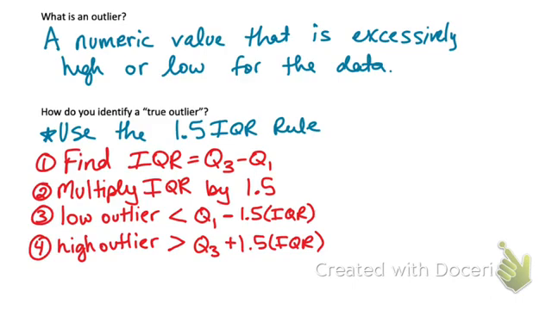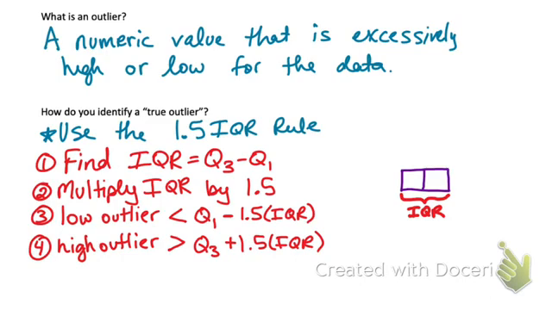Mathematical. All right, let me show you guys a picture that will put this in perspective. So let's say this is my box. It's a very nice symmetrical box here. From the left side to the right side, this is the IQR. Now, if I take the width of that box, which is the IQR, and I go 1 IQR, so one box, plus half of another box, that's going 1.5 IQRs away from the box.